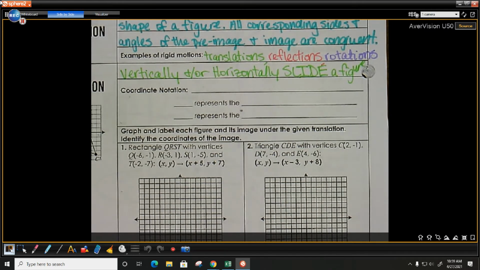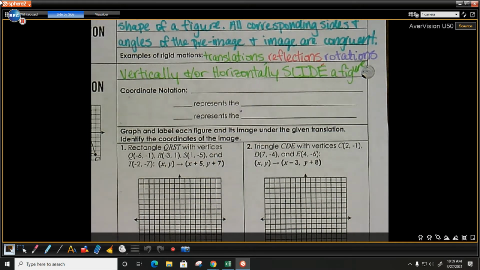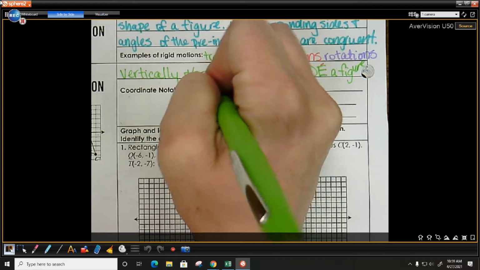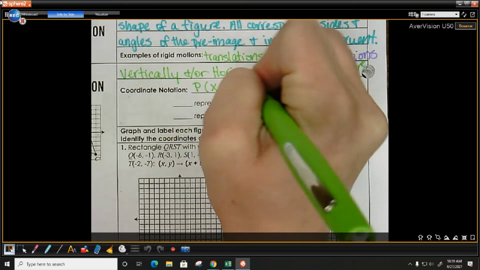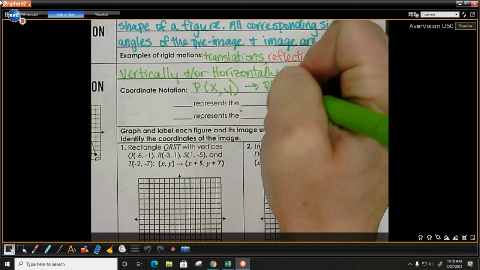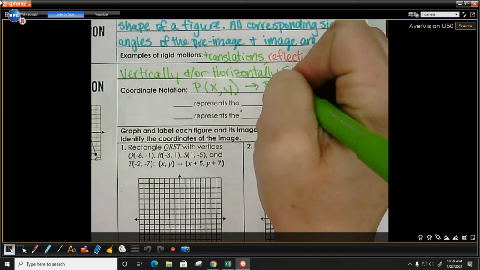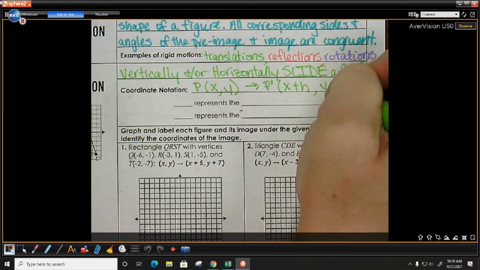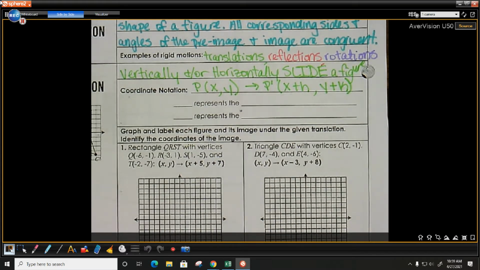And the way our coordinate notation looks for this is my point P, which is (x, y), would then become point P prime by doing (x plus h, y plus k). So it tells you what to do to the x value to get the new x values, and what to do with the y value to get the new y values. Okay?